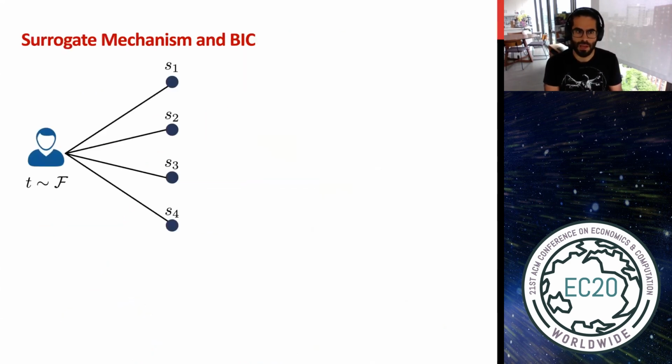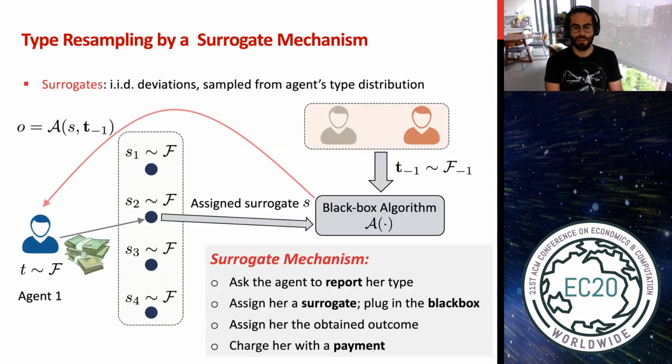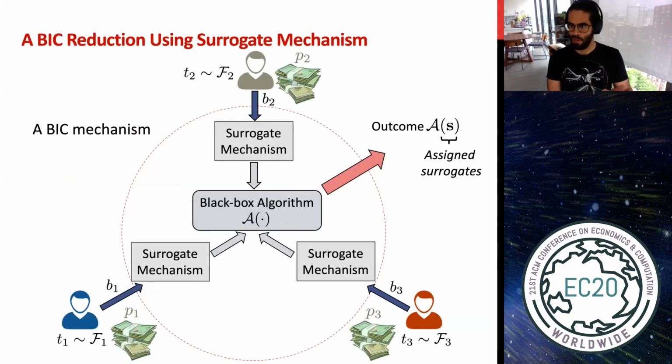So why is this actually enough for our purpose? You can show, and I'm going to skip the details, that once you have correct surrogate mechanisms which are incentive compatible for each single agent problem, they give you a good surrogate in terms of the value that the agent gets from the mechanism.